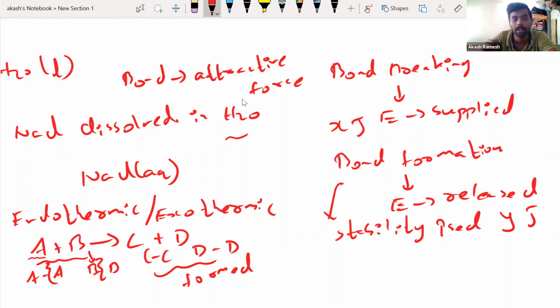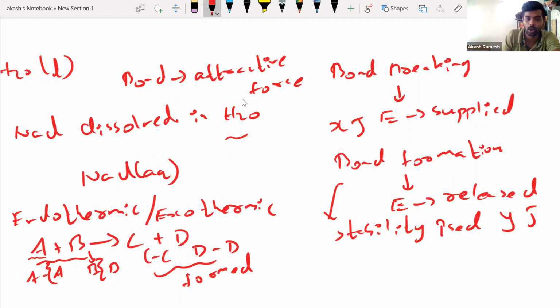Again, I repeat, to classify whether a reaction is endothermic or exothermic, you have to include both the bond breaking process as well as the bond formation process. In other words, you have to take into account the energy supplied as well as the energy released.